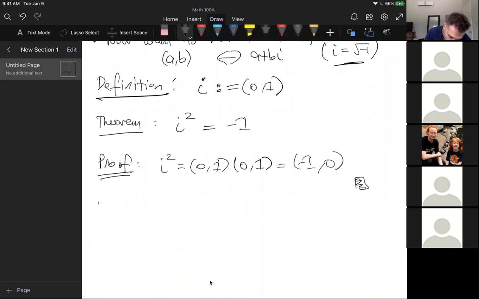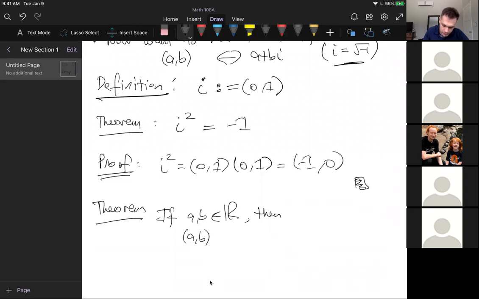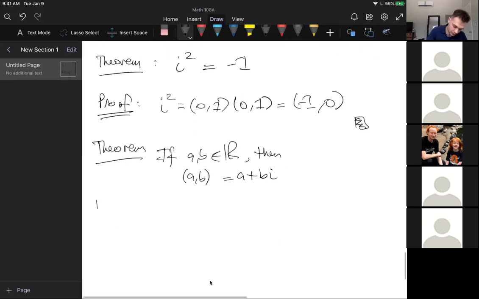And so once you've built all this, then you can actually write down and say that if I take two real numbers, then (a, b) is equal to a plus bi. And the proof is just a calculation again.